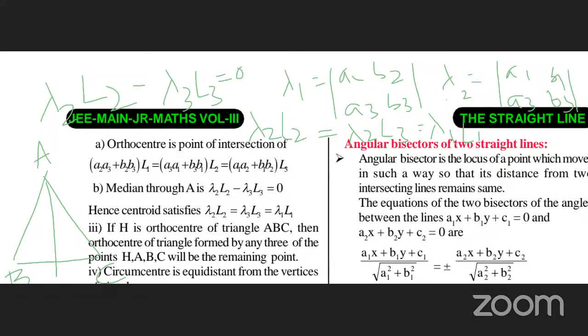If a median is given by lambda2 L2 minus lambda3 L3 = 0, I can conclude that my centroid should satisfy the condition lambda1 L1 = lambda2 L2 = lambda3 L3.